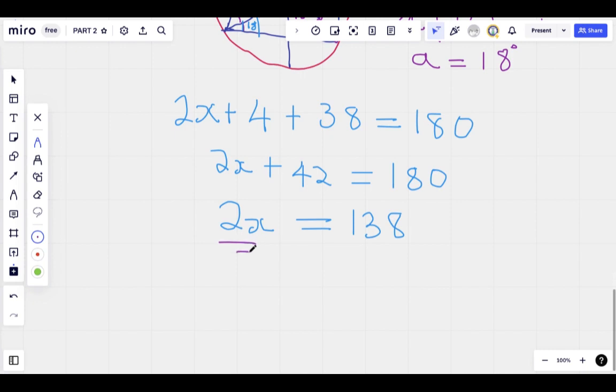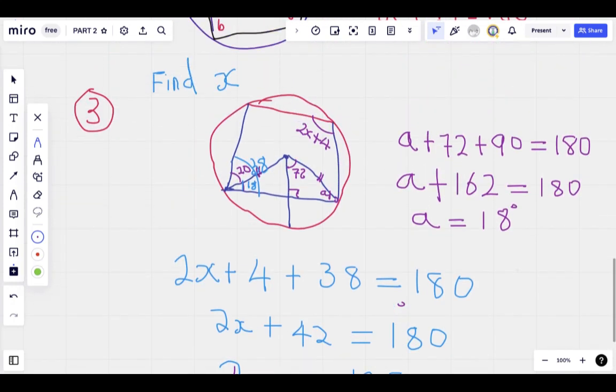If you want to find x, also divide here by 2. So we cancel this, x will remain. And then 2 into 13, we get 6, remainder 1. 2 into 18, get 9. So 69 degrees. So x is equal to 69 degrees, or x equal to 69. Okay, so that's the solution for this type of problem.